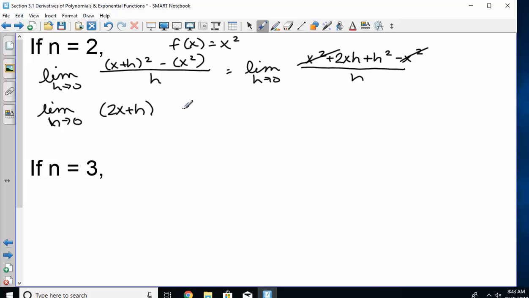Plug in a 0 for your h, and what do we get? 2x. So here's what we have so far. Okay, so if our function is constant, the derivative is 0. If the function is x, the derivative is 1. If it's x squared, the derivative is 2x. Let's do x cubed.